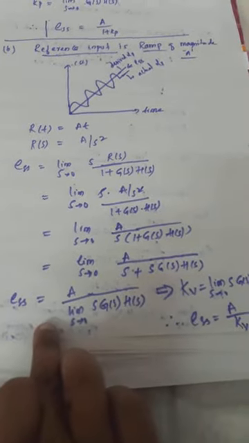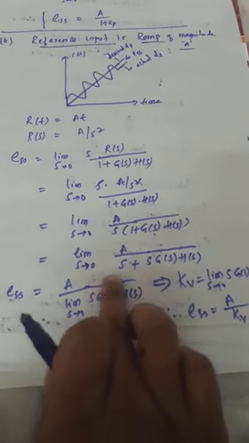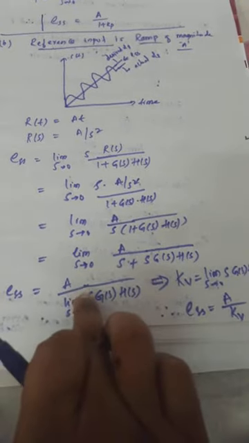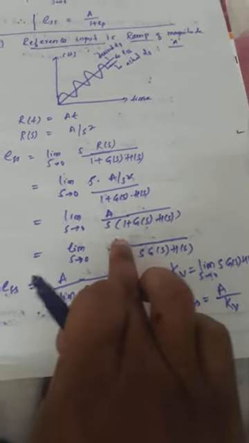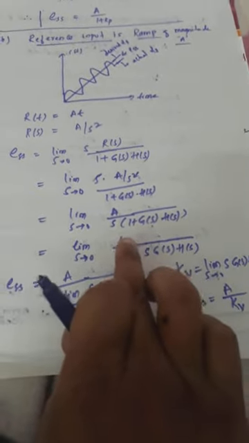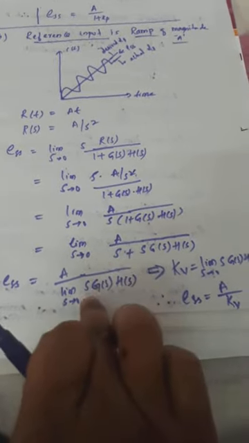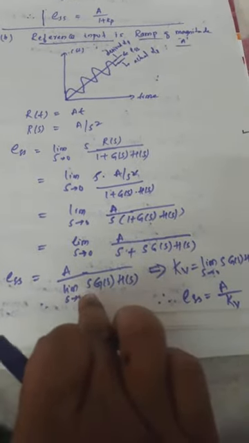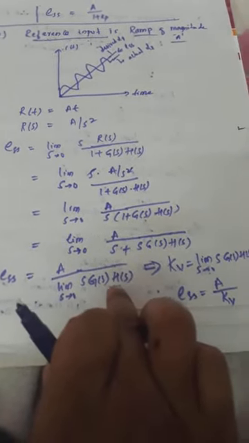As S tends to 0, the S term is removed, so it remains only A divided by limit S tends to 0 of S into G of S into H of S. Because the numerator has no S term, I am taking the limit directly to the denominator.